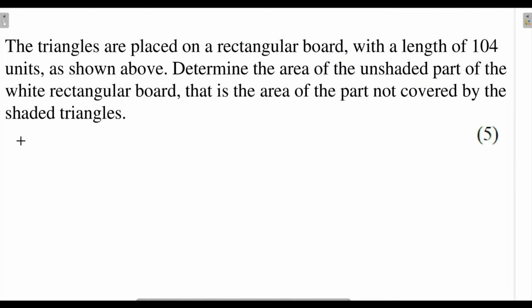So let's get the area of the whiteboard, the area of the rectangular board. Okay, guys, area is equal to length times breadth for a rectangle. What is your length? We are told that the length is 104 units, so 104 multiplied by what is the breadth, which is the height.